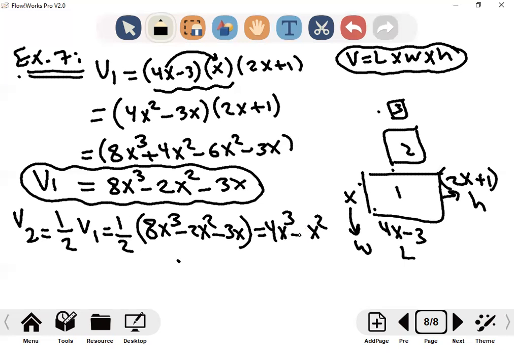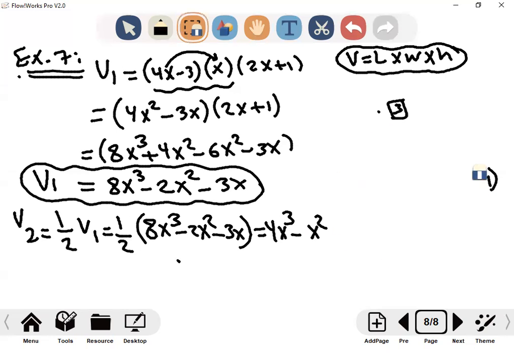Half times negative 3x is negative 3 over 2, or negative 1.5, let's use negative 1.5x. This is volume 2. Now I want volume 3.